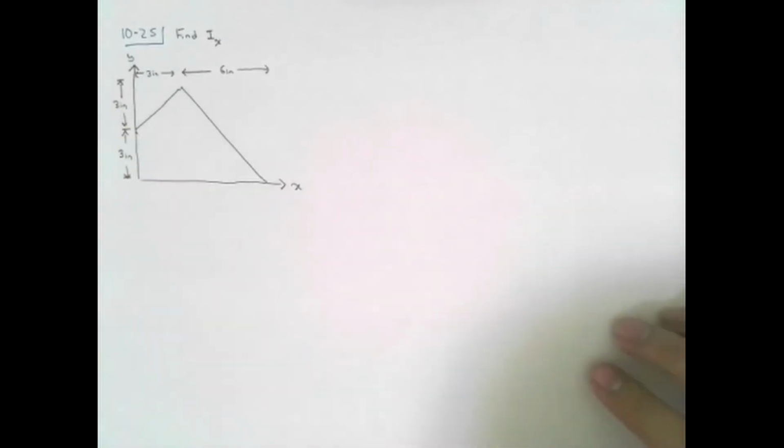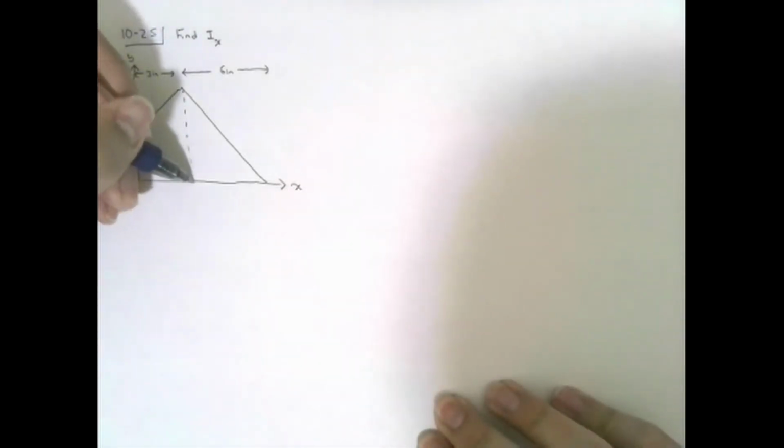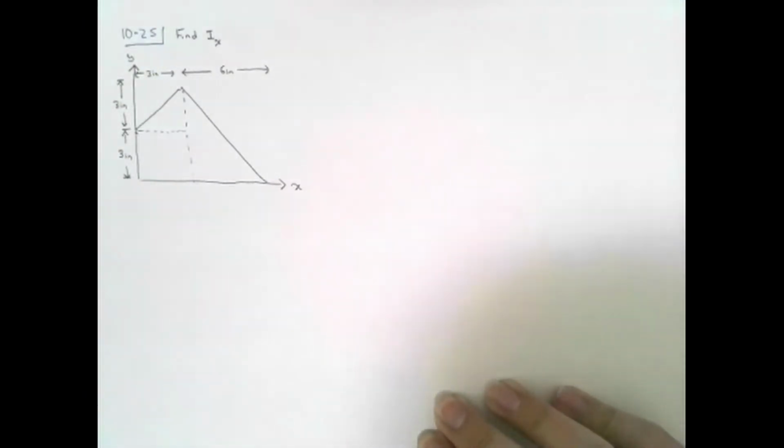If we look at this composite shape, can you think of any simpler shapes to divide this into? You could do the 3 by 3 triangle, and then the 6 by 6 triangle, and then the rectangle, which would be 3 by 3. That's absolutely right. We can divide this into two triangles and a rectangle.